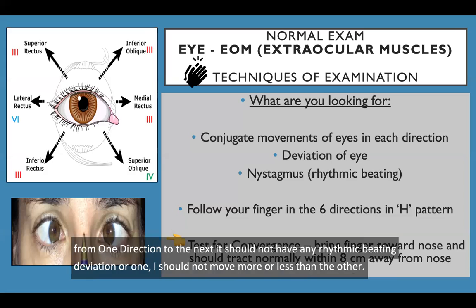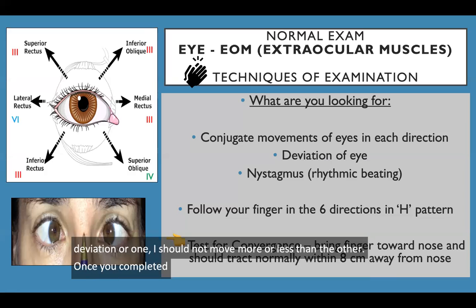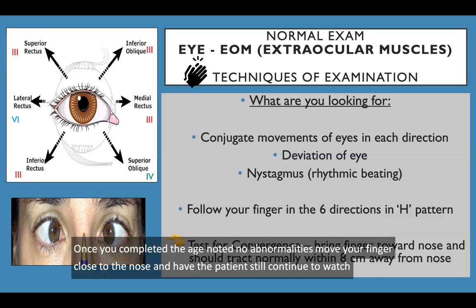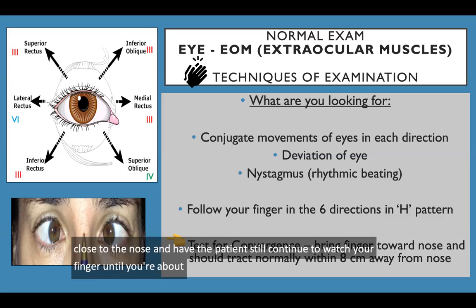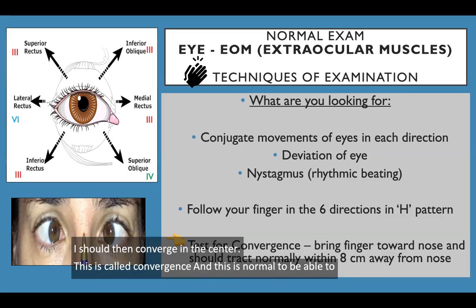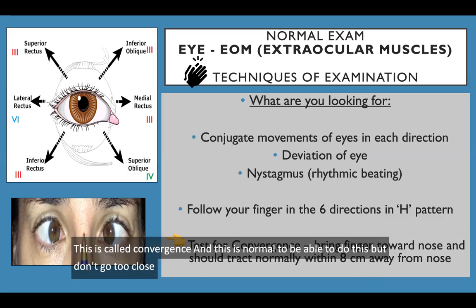Once you have completed the H and noted no abnormalities, move your finger close to the nose and have the patient continue to watch your finger until you're about 8 millimeters away from the nose. The eyes should then converge in the center. This is called convergence. This is normal, but don't go too close to the nose as it can be uncomfortable.